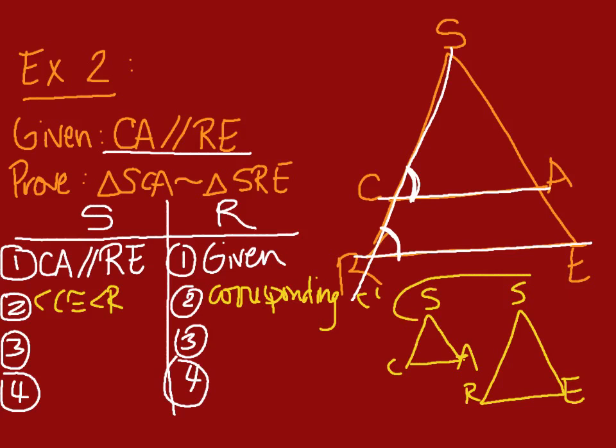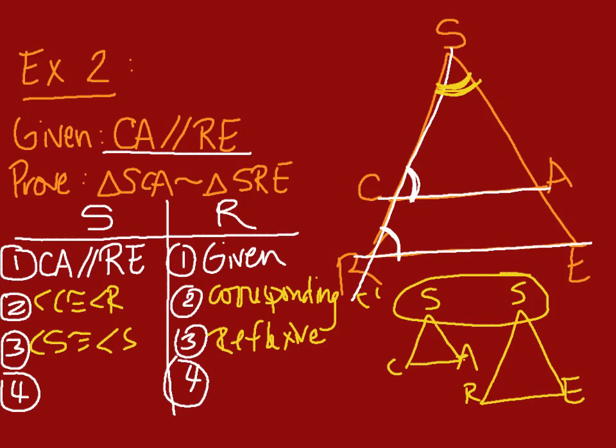Hopefully you're saying yes, they have S in common. So S right here is the exact same angle in both the small triangle and the big triangle. That's called reflexive. So we could say that angle S is congruent to angle S, and this is reflexive because they share the same angle and they're like lying on top of each other.